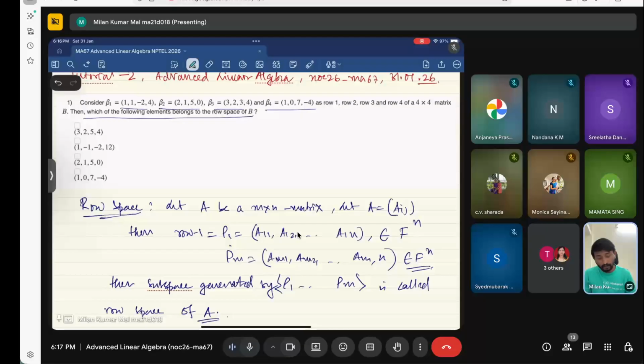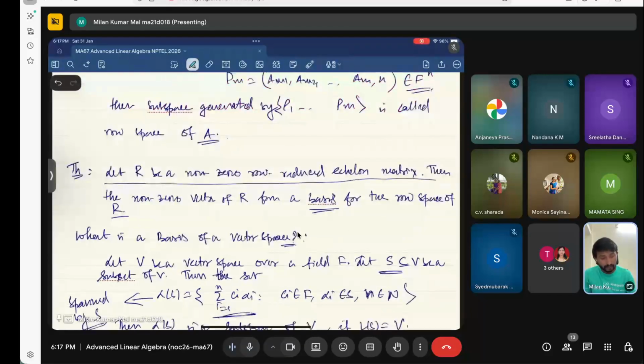To solve this problem, I stated one theorem that says that if R is a non-zero row reduced echelon matrix, then the non-zero vectors of R form a basis for the row space of R. So if we take the row reduced echelon form of that matrix, then whatever non-zero rows are there will form the basis of the row space of the matrix R.